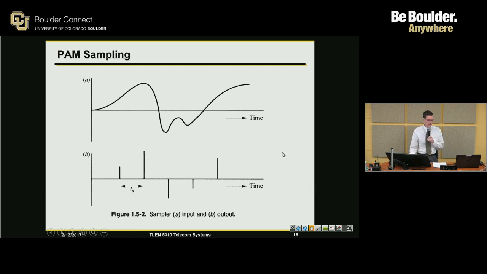So we're going to spend most of the rest of the discussion talking about pulse amplitude modulation, because that's what's used in the voice telephony network. So what I have here is my information signal, and then if I sample this at this point, this point, this point, this point, and this point, I get this line, this line, this line, this line, this line.